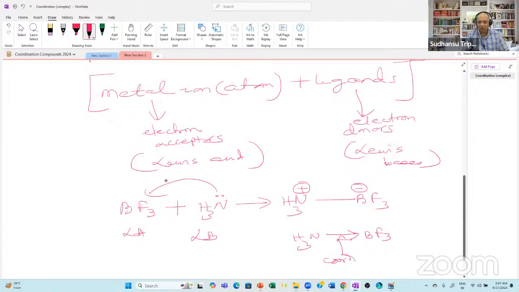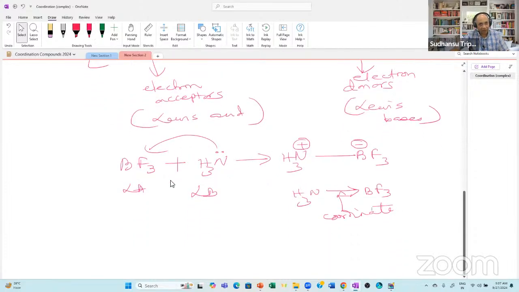This is called a coordinate covalent bond. This is sharing of an electron pair, but contributed solely by one atom, and that is the ligand atom, which contains the donor atom here. The donor atom is nitrogen, ammonia is the Lewis base, BF3 is the Lewis acid, and there is a coordinate covalent bond or a dative bond.